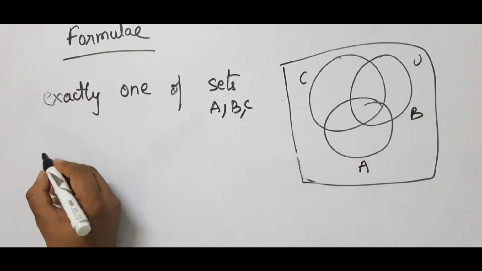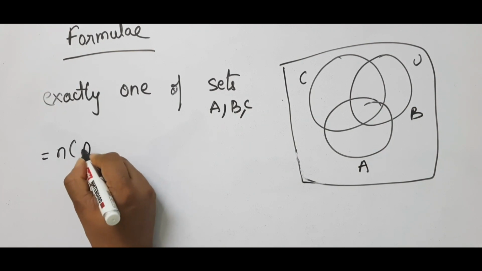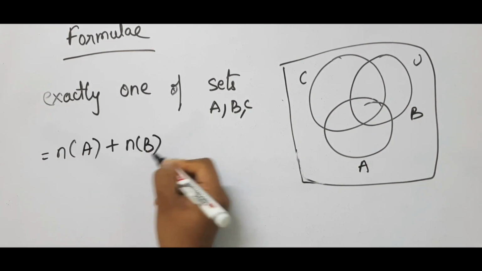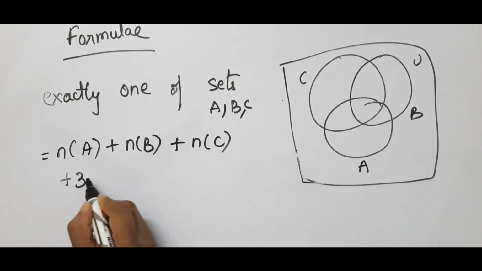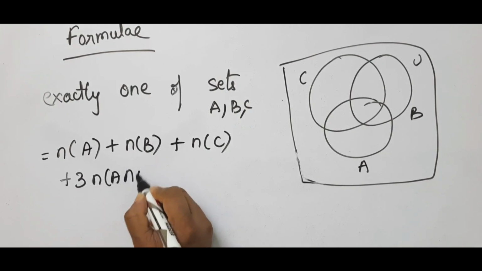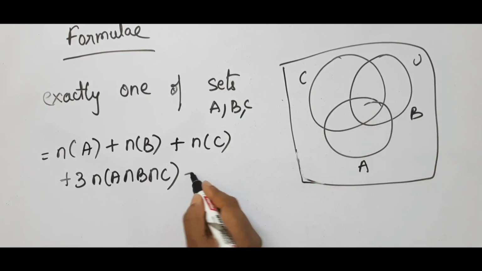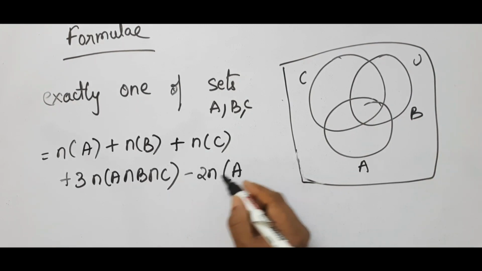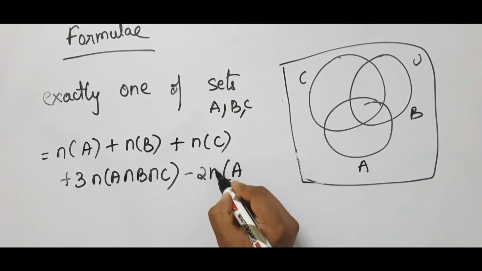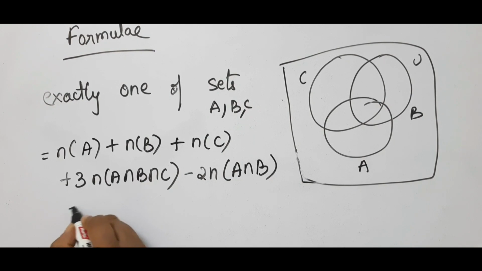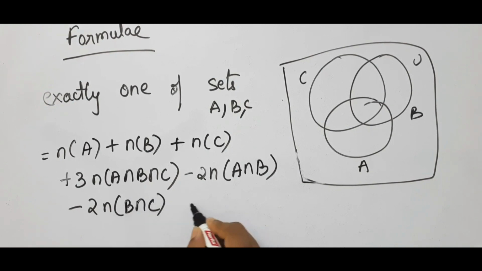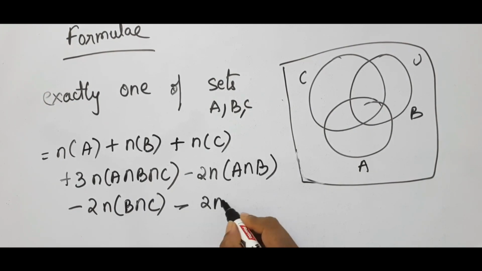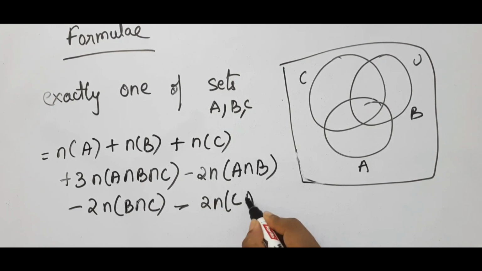Then the formula is nothing but number of elements of A plus number of elements of B plus number of elements of C plus 3 into number of elements of A intersection B intersection C, this part, minus 2 into number of elements which are in A intersection B, minus 2 into number of elements which are in B intersection C, and minus 2 into number of elements which are in C intersection A. Okay. This is the shortcut formula.